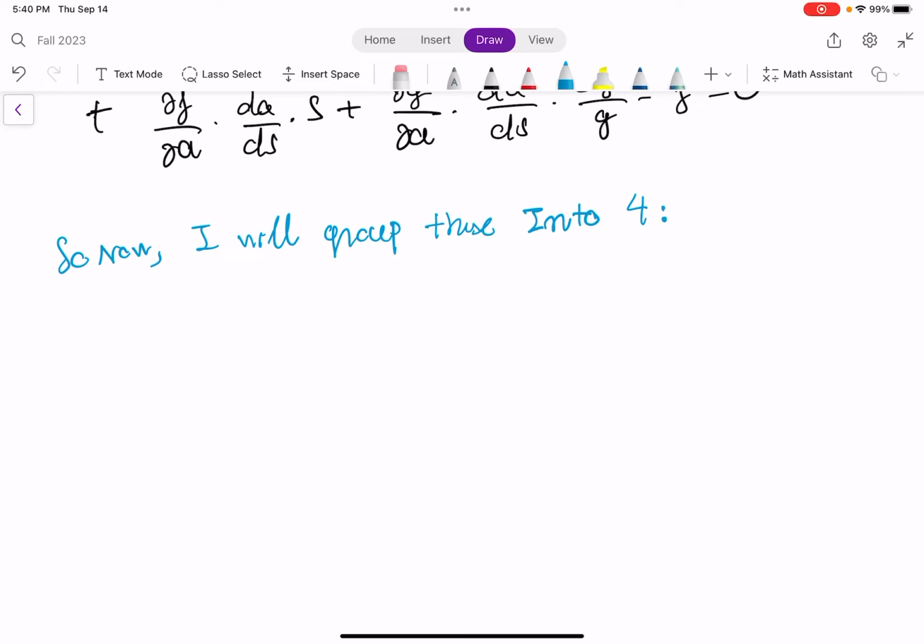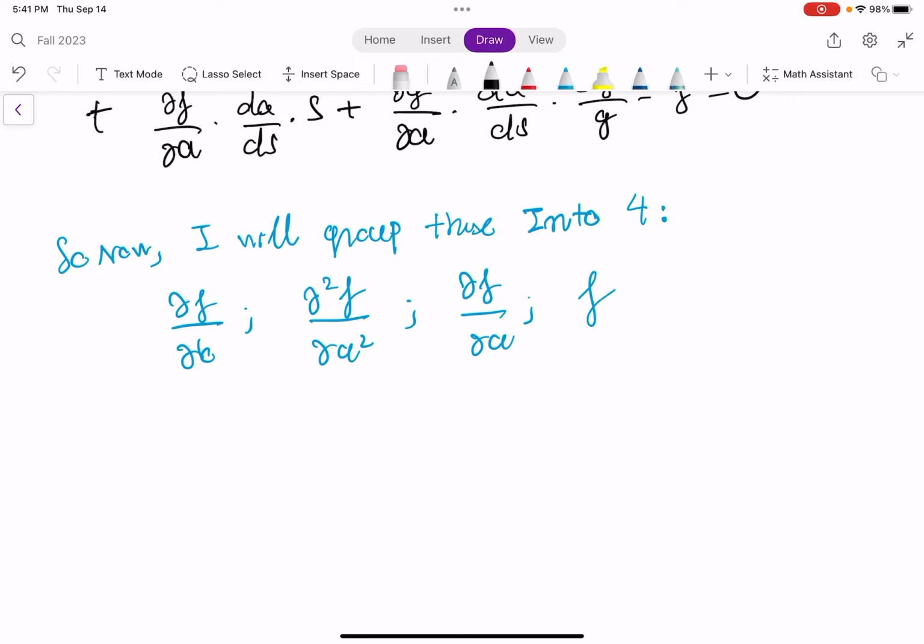Basically it's that group times the coefficient. The groups are going to be partial f with respect to b, second partial f with respect to a, also the first partial f with respect to a, and also just f.